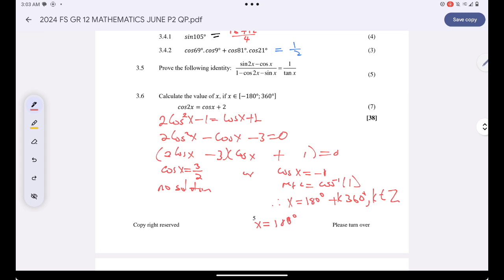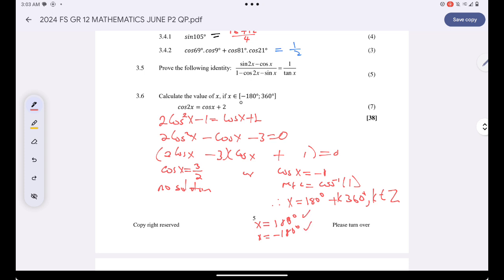But when k is negative 1, we will get negative 180, and negative 180 is included. Okay, when k is negative 2, we'll get a number which is way less than negative 180, so that number will not be included. So the only answers that are there are 180 and negative 180.